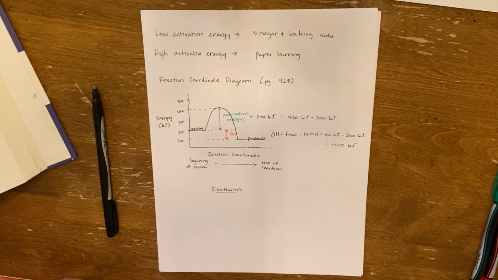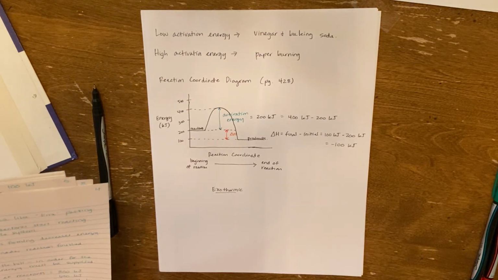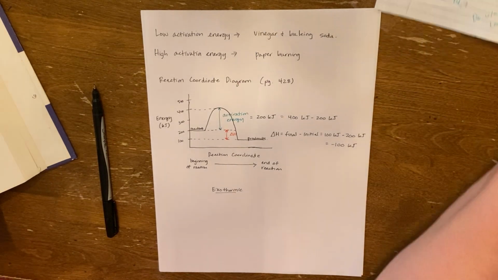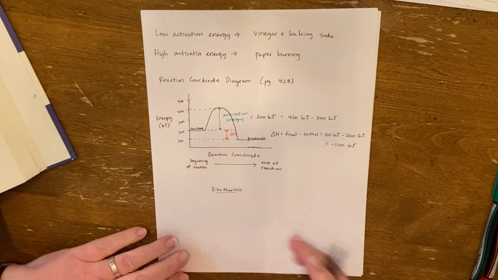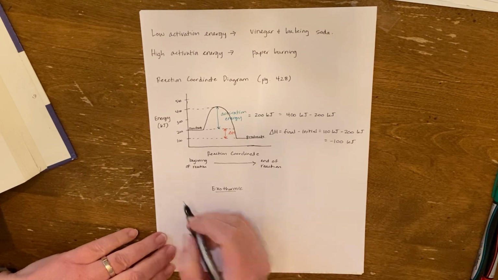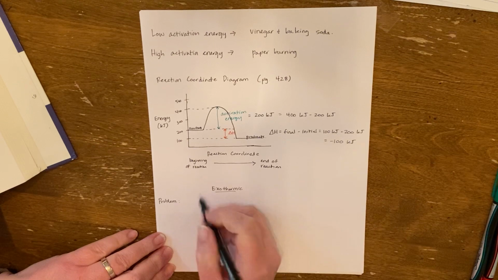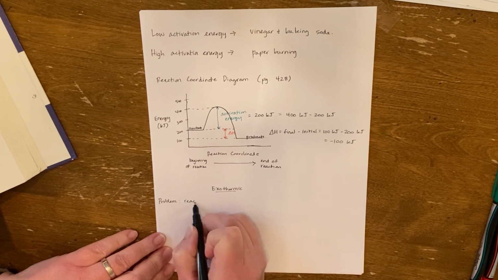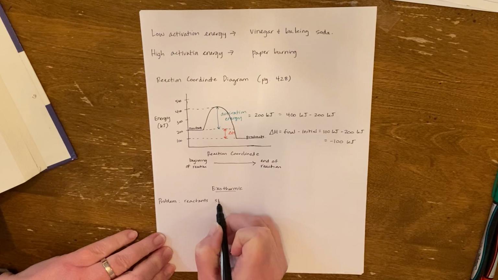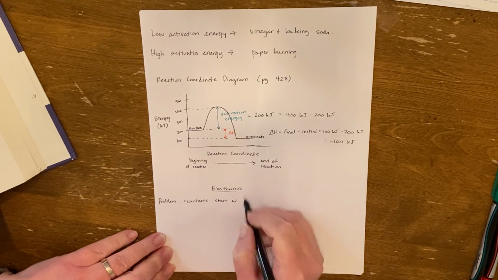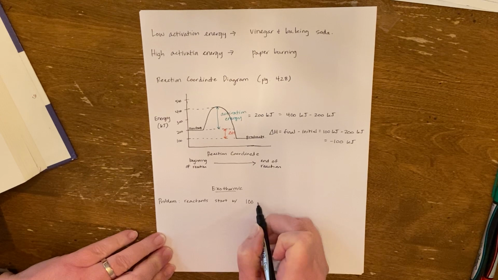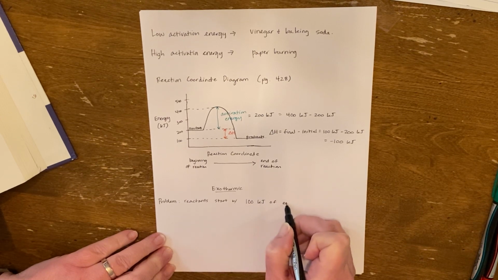Now reaction diagrams will look different for different reactions. So I'm going to give you some information. It's actually an example in the book, but don't look and let's just see if we can draw this on our own. Draw the reaction coordinate diagram. The book tells us that the reactants start with 100 kilojoules of energy.